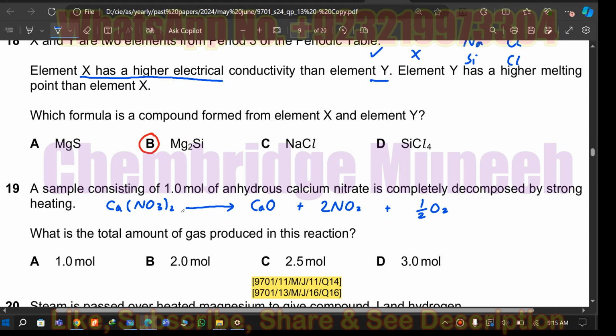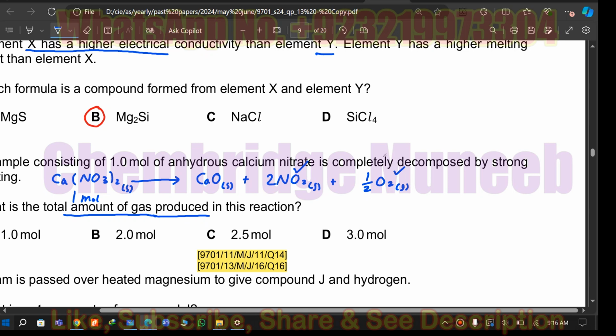We are given the value of the anhydrous calcium nitrate as 1 mole. Now this is a solid, and calcium oxide is a solid, nitrogen dioxide is a gas, oxygen is also a gas. We are supposed to find the amount of the gas produced, which means the amount of the products, nitrogen dioxide as gas and oxygen as a gas.